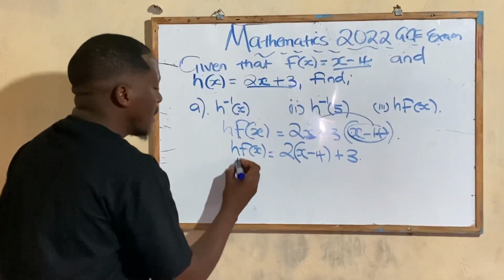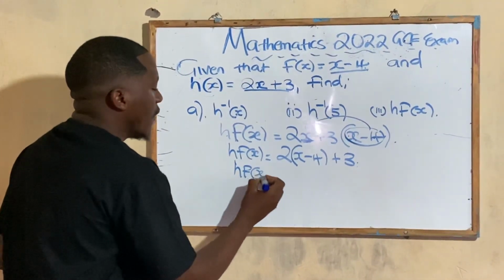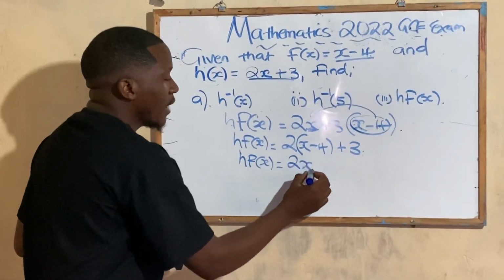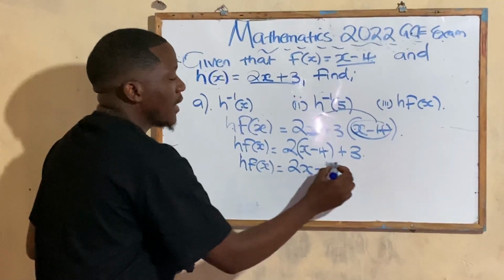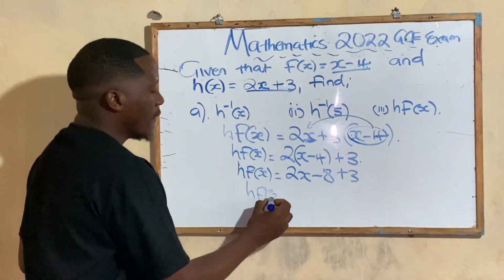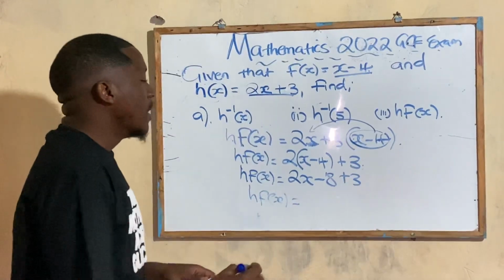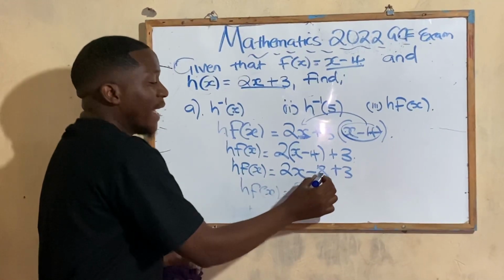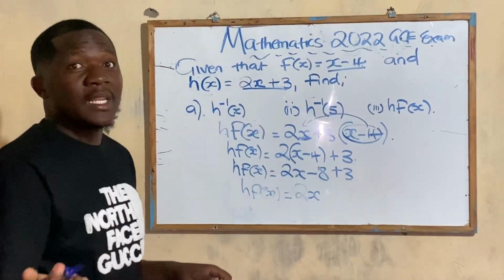And when you reach that stage, you're going to say hf of x equals, you multiply 2 times x, this is 2x, minus 2 times 4, this is 8, and then plus 3. So this is 2x, but this is not 8 plus 3, so you can easily get 11.